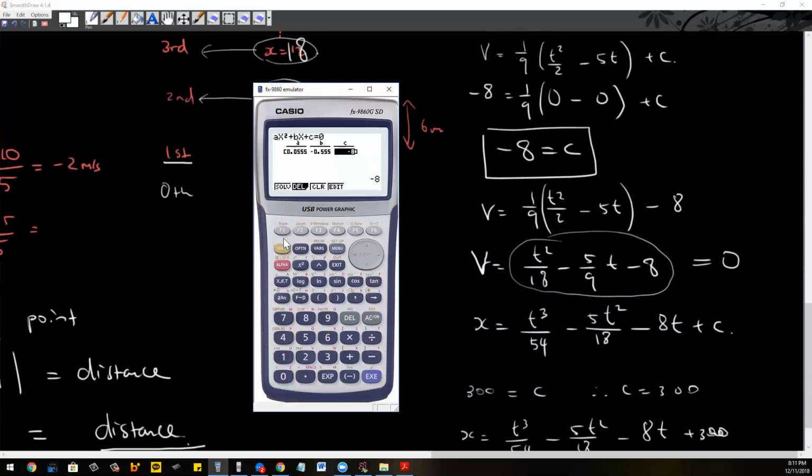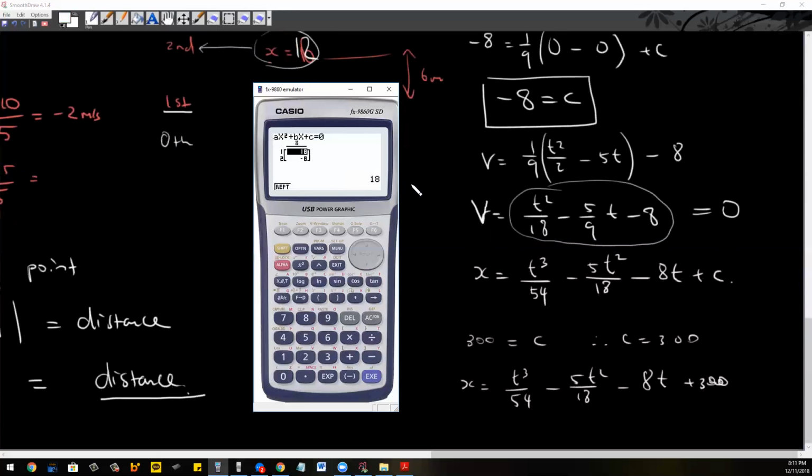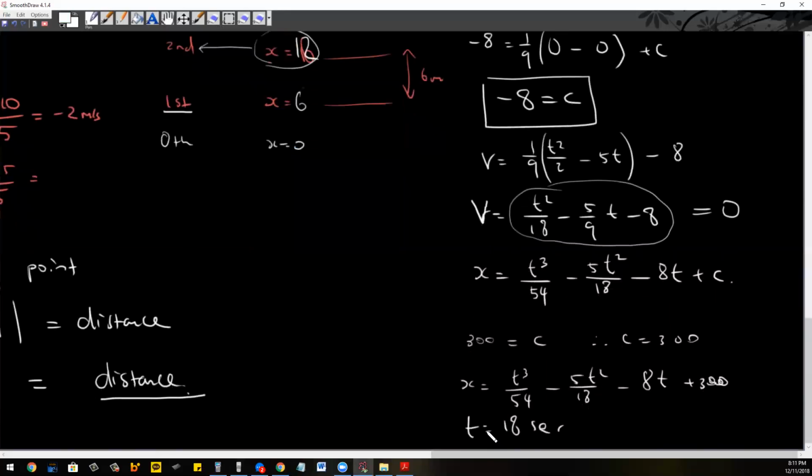That's when it stops. Solve, and I get time equals 18 seconds, or negative 8, but we don't consider negative time, right? Yeah. So time is 18 seconds, and you plug this into this equation here. Then you find the x, but you have to translate that into a floor.